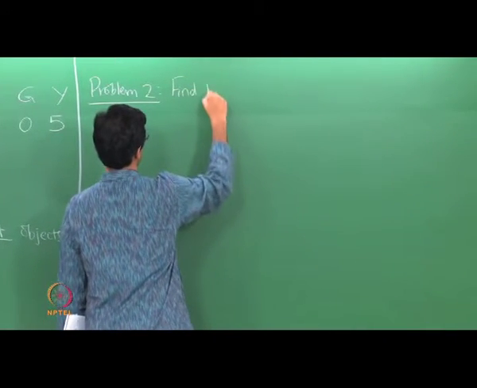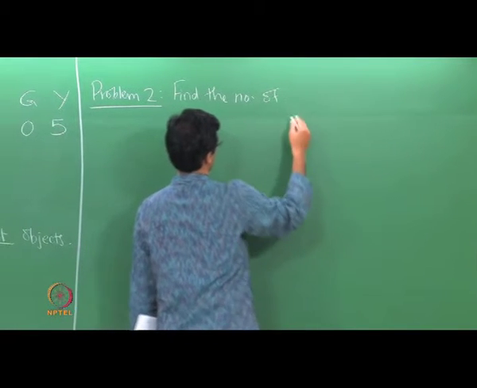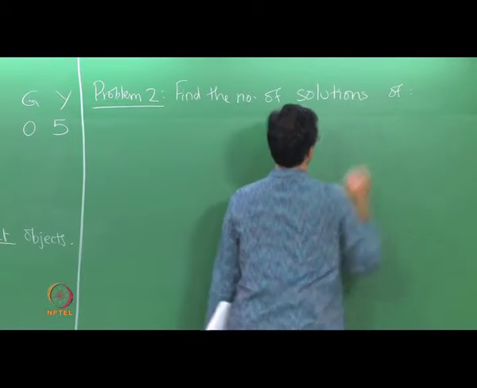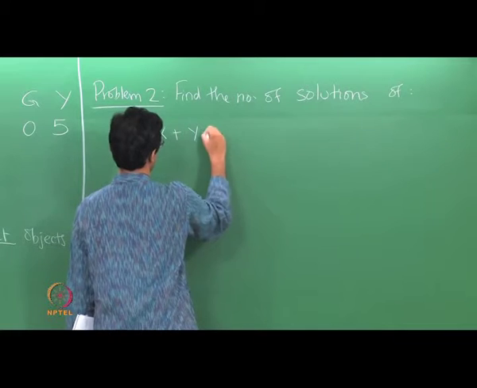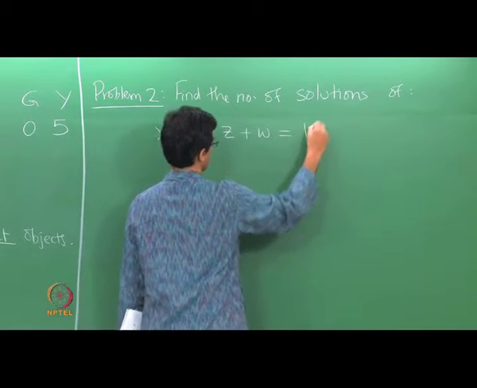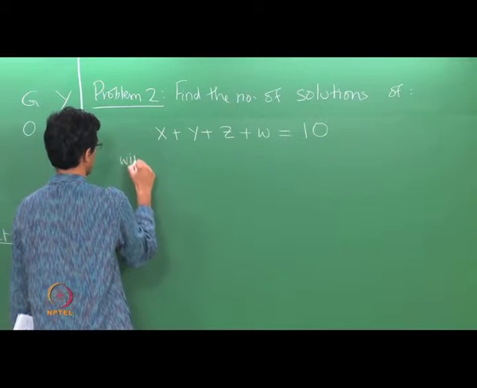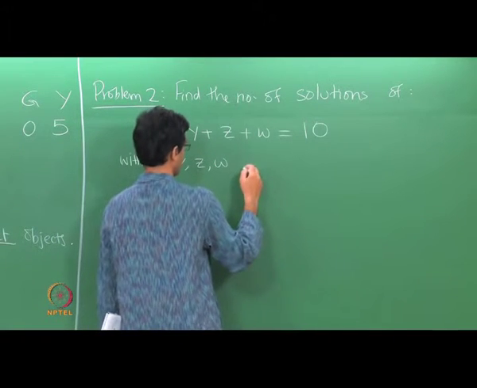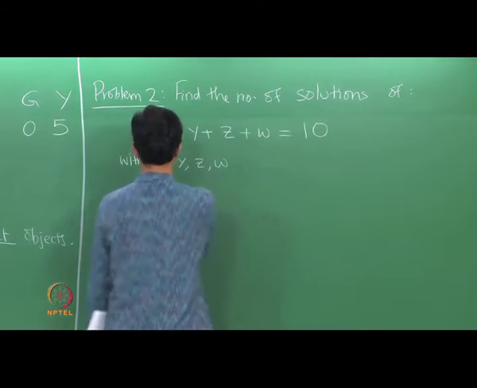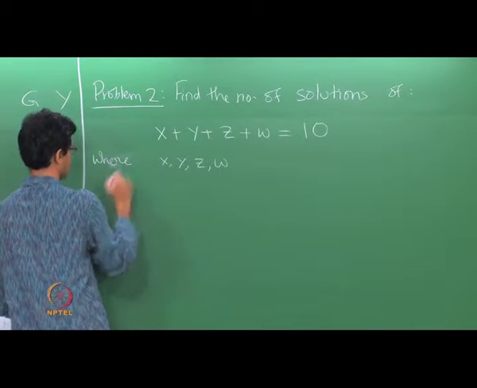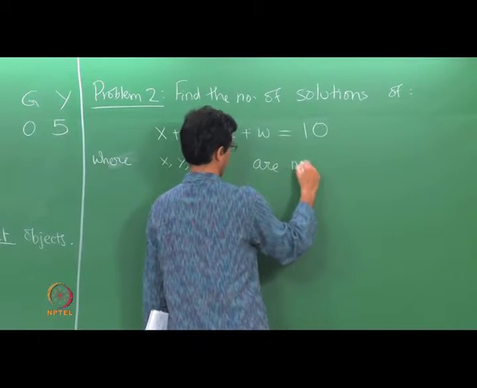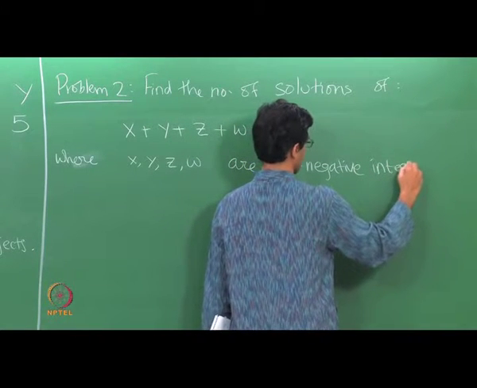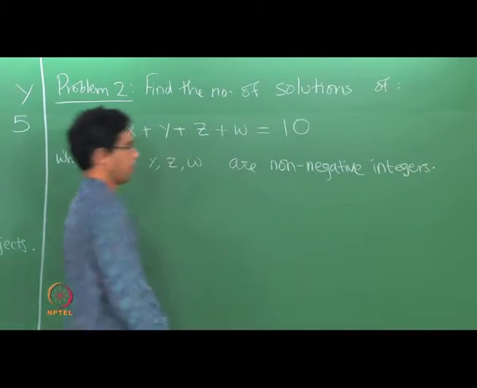Find the number of solutions of the following equation, x plus y plus z plus w equals 10, with the requirement that x, y, z and w be non-negative integers.